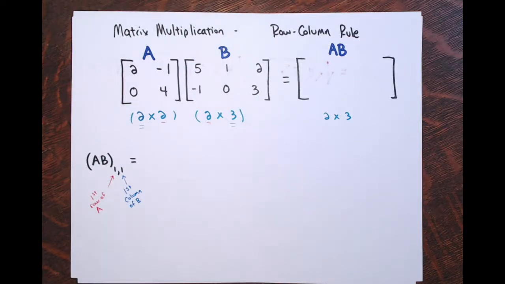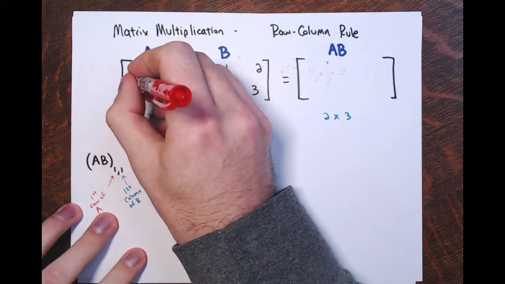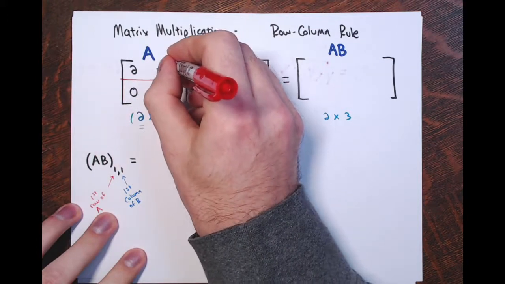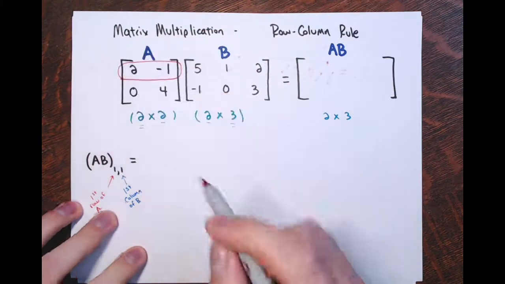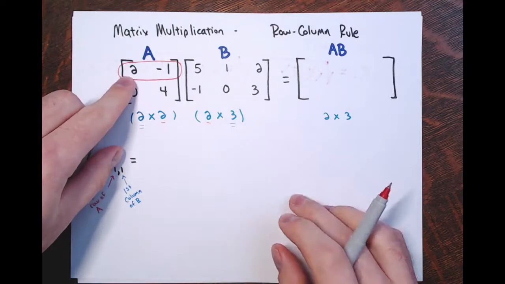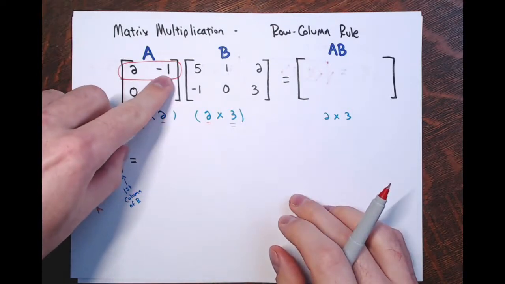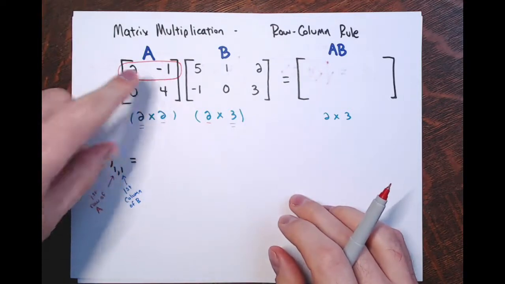So I take the first row of A. Here it is, and you go from left to right. The first entry is 2. The second one is -1.